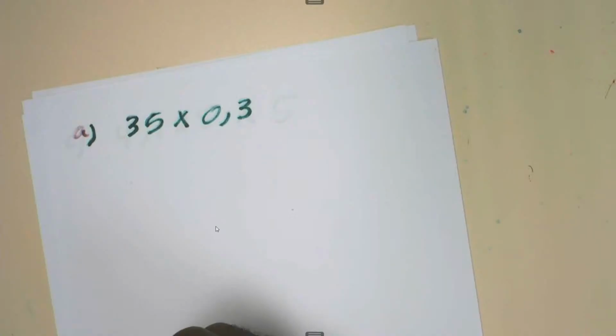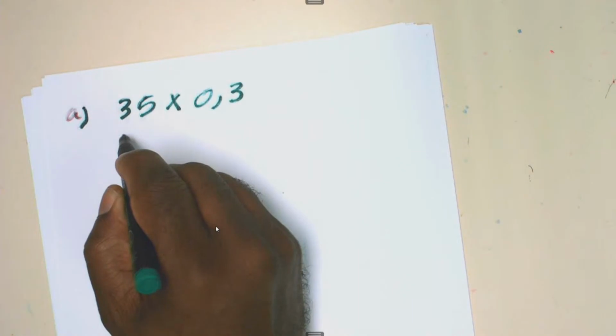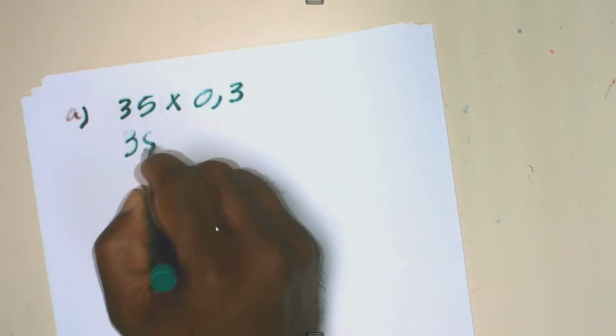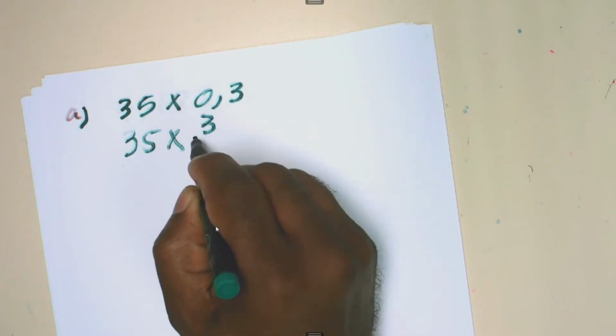Right, let us go to the document writer quickly. What we have here is 35 multiplied by 0,3. Number A, let us do it. We know that we have 35 multiplied by 3 tenths.